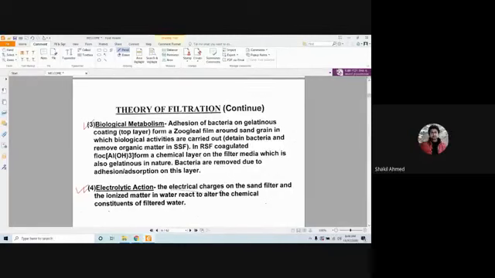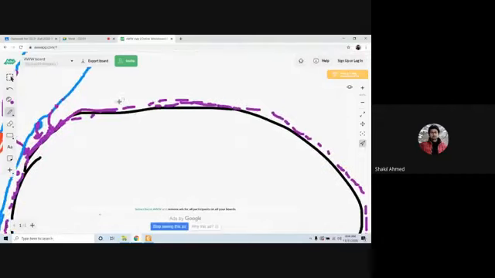The electrical charge on the sand filter and the ionized matter in water react to alter the chemical constituents of filtered water. Sometimes you have compounds which are positively charged or negatively charged.